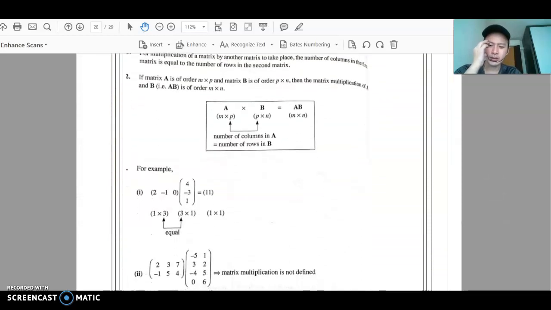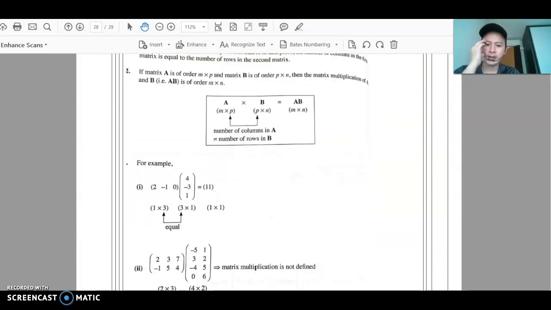This is the concept of how we multiply. Make sure you write down the order of the matrices. The second number of the size of the first matrix must be the same as the first number of the size of the second matrix. They must be the same before you can multiply.